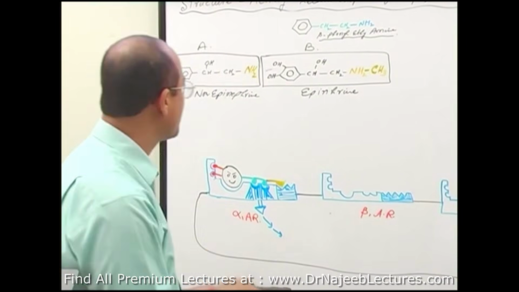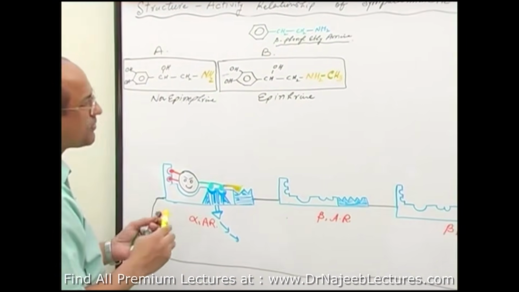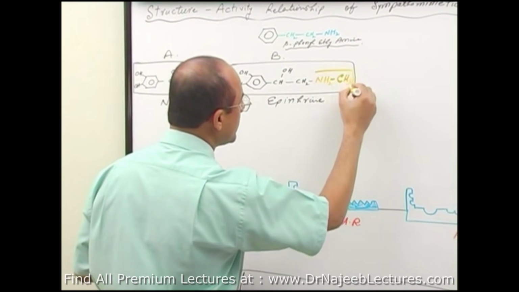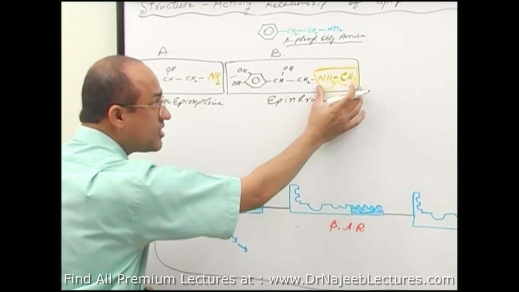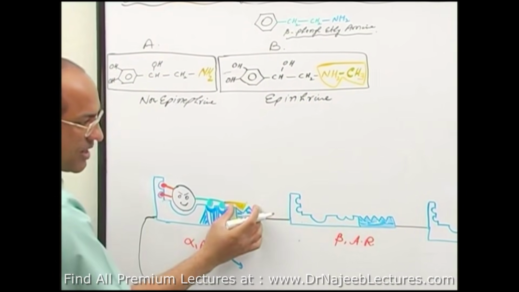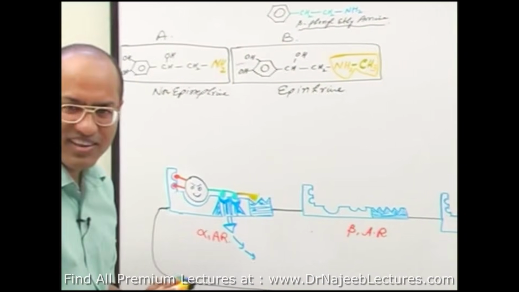Now listen carefully. This is our balanced compound, epinephrine. Look here, attention please. This is its amino end. This end of the epinephrine can fit here. It can also fit here. It can also fit there. You are understanding?